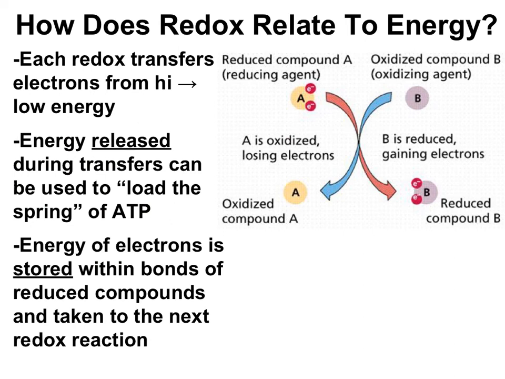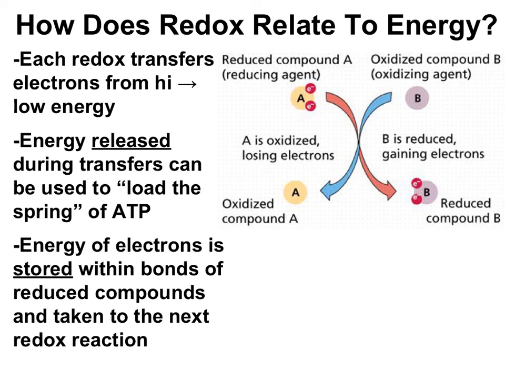So, what do redox reactions have to do with energy? Remember, redox reactions involve the transfer of electrons from one molecule to another. In cell respiration, think of these electrons as high-energy electrons. Each time a high-energy electron changes hands or gets transferred, there's a little bit of energy that's released.